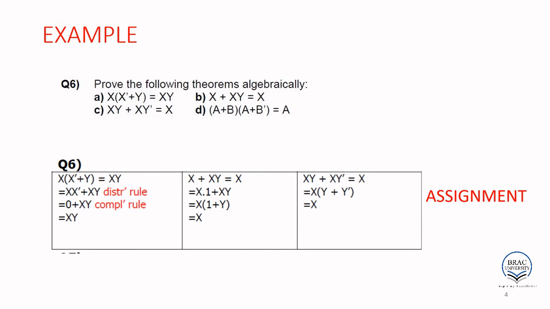Again, C: xy plus xy prime. If you take the common y prime... rather, x common, y plus y prime equals 1, then x into 1 becomes x. So it becomes x. The last one I keep for you. This is the assignment, so try to solve it by yourself. D will be shown after you've done your assignment.